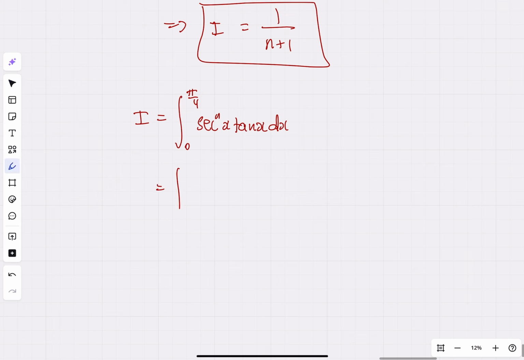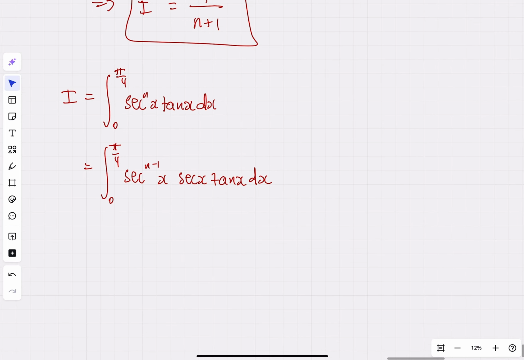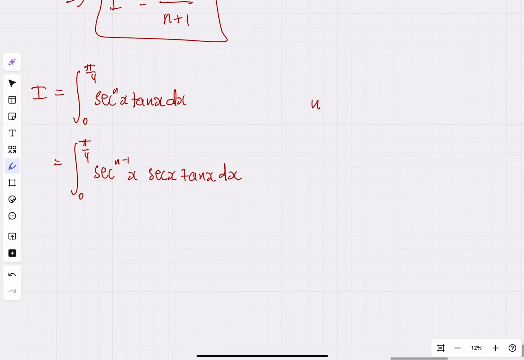So what I can do is I can rewrite this integral as sec to the n minus 1 x times sec x tan x. And now I can use a similar method to try and integrate this. So I'm going to make u equal to my sec to the n minus 1 x.